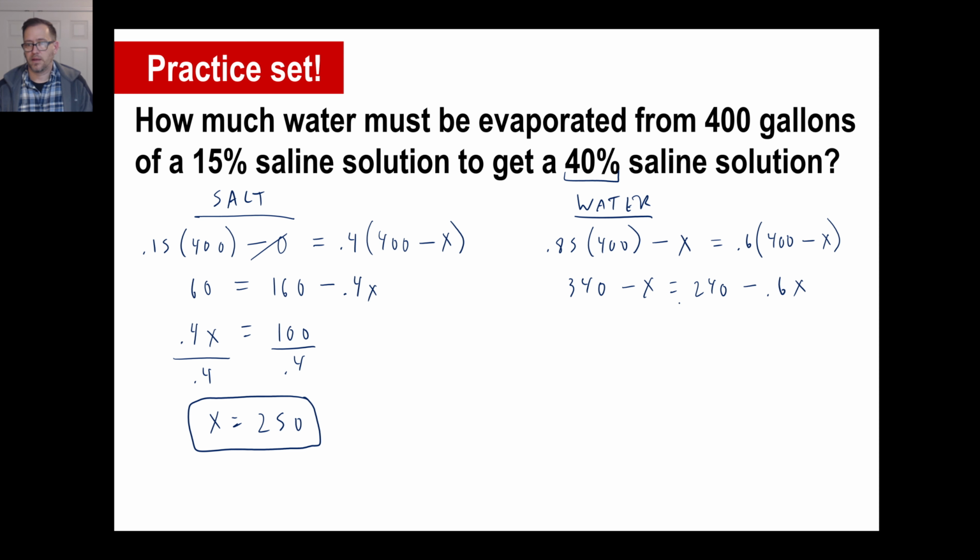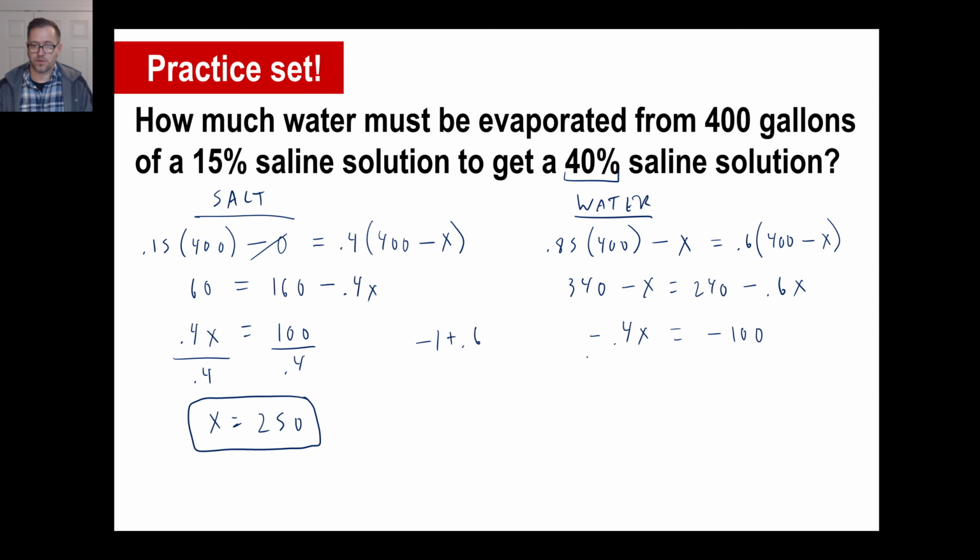All right. And let's move the number over here. So we'll get 240 minus 340 is negative 100. If we move the negative 0.6x over here, it turns into positive 0.6. In other words, negative 1 plus 0.6 will give us negative 0.4 times x.